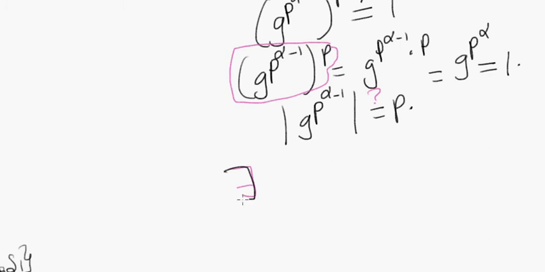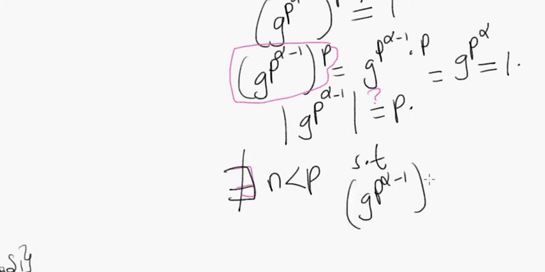How do we know that there does not exist some natural number n less than p such that g to the p to the alpha minus 1 to the n gives us the identity?